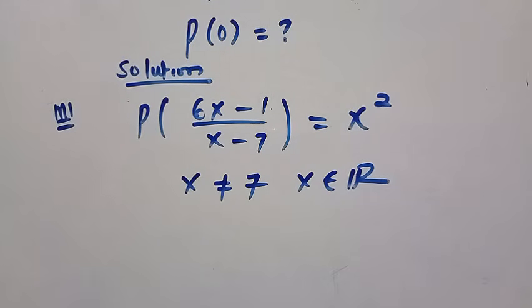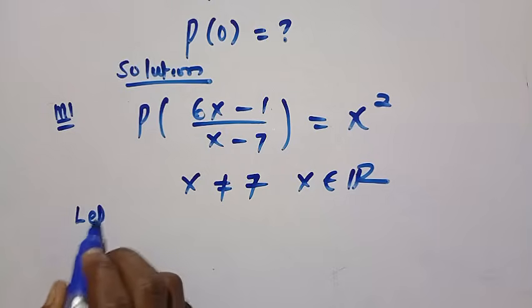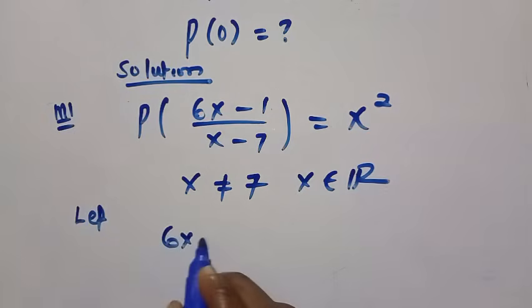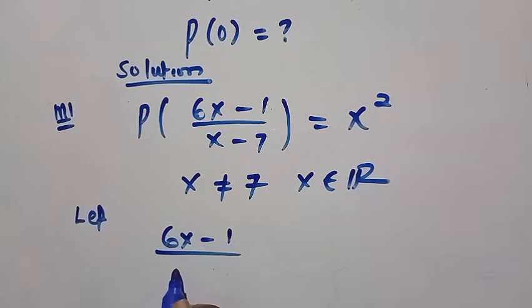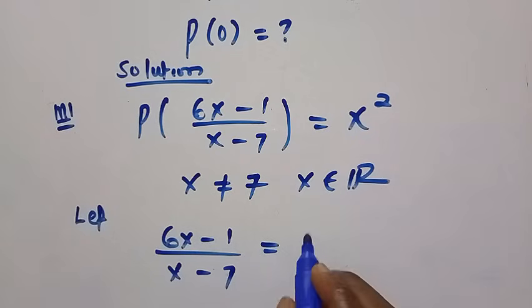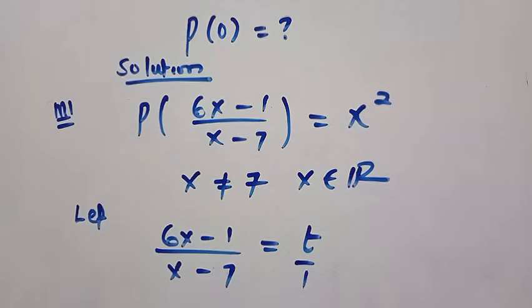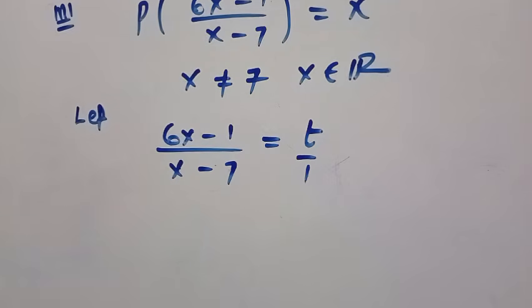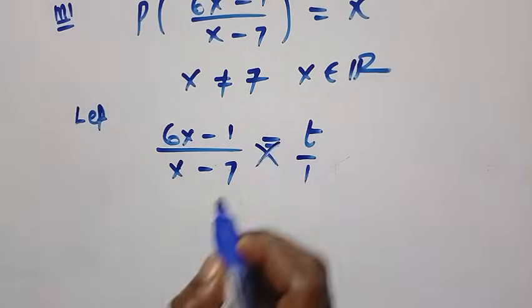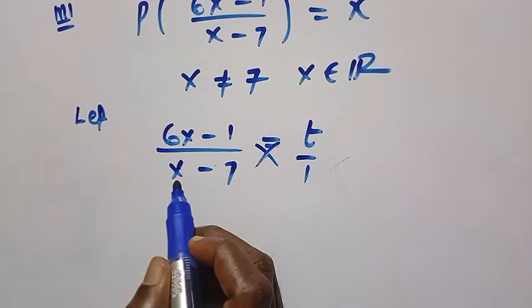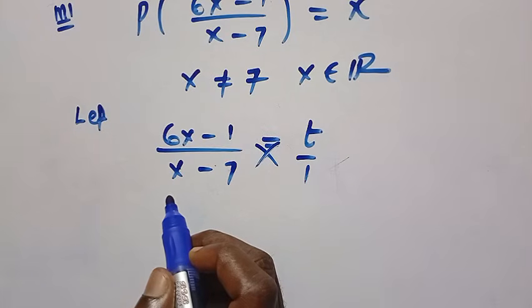Suppose we let (6x minus 1) over (x minus 7) equals t, and we divide this by 1, then we cross multiply. By cross multiplying, we are trying to make x the subject of the formula.